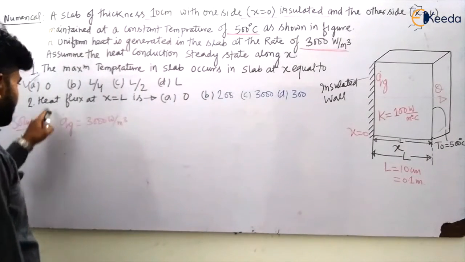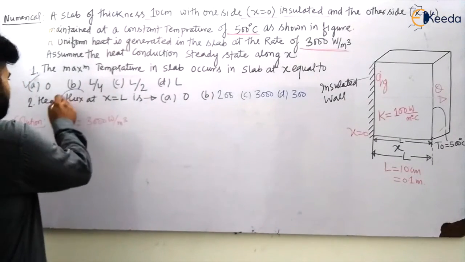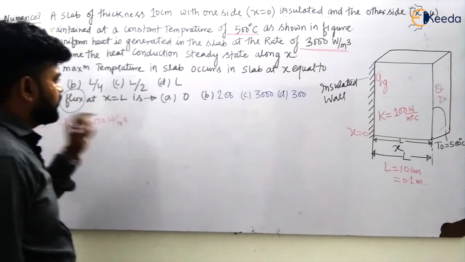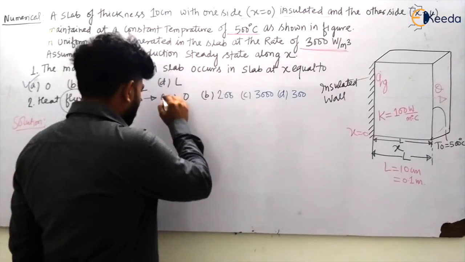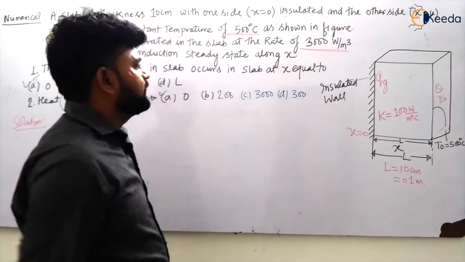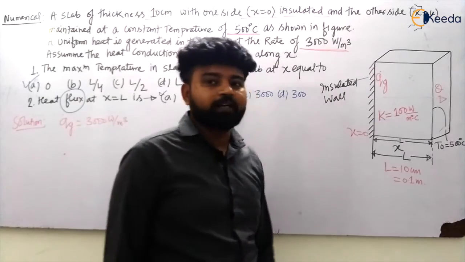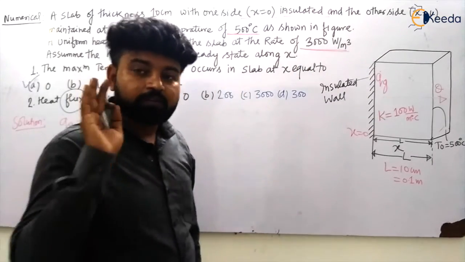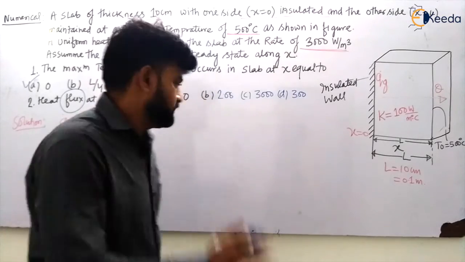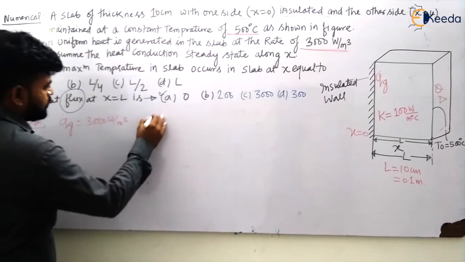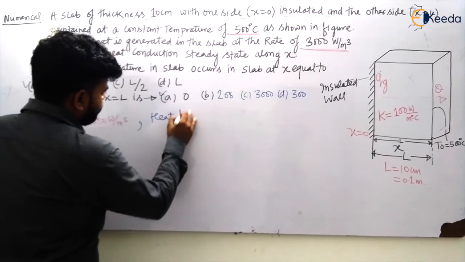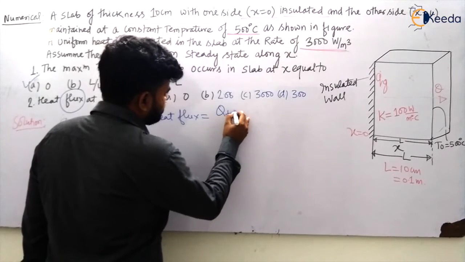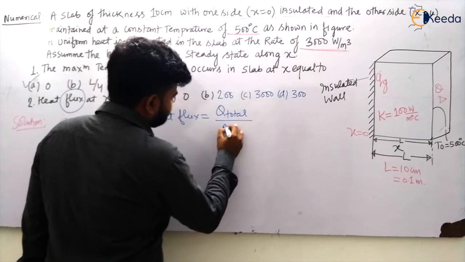He is asking about the heat flux, my dear students. Underline this. Heat flux at x equal to L is: A, 0; B, 200; C, 3000; D, 300. Some of the students will take 3000 and move on. No, he is asking about the heat flux. So the heat flux is nothing but the total heat, Q total, divided by area.